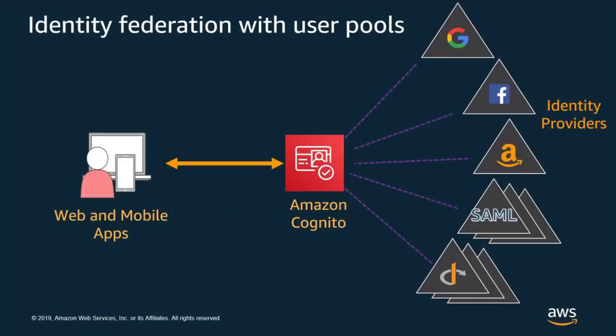Okay, so the fourth one that we want to double click on is this notion of identity federation. Right, and if it wasn't obvious to this point, Amazon Cognito can store either what we would generally refer to as native identities, so where someone is registering through your application with a username and password, or they can federate in using, again, social providers or corporate providers.